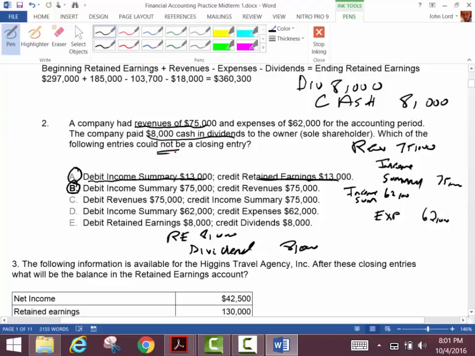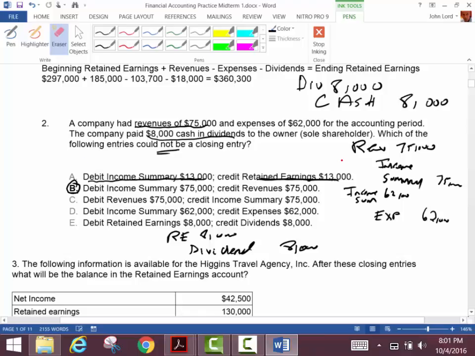Okay, good. So that's why it's always good to read all the choices, right? Because you could read A, and if you missed that not, you'd miss that question, right? Okay, so not. This could be, couldn't it? This could potentially be a closing entry, so that one's not the right answer. Debit income summary 25,000. Credit revenue.